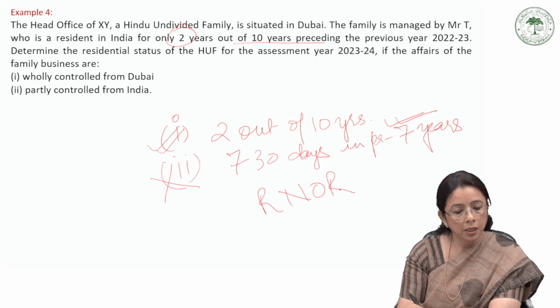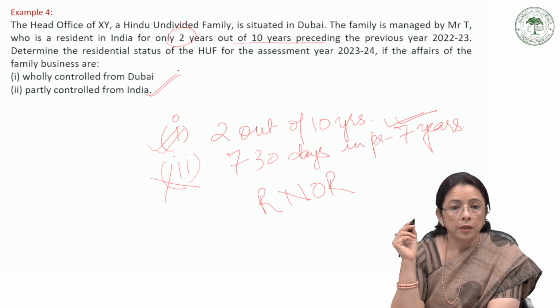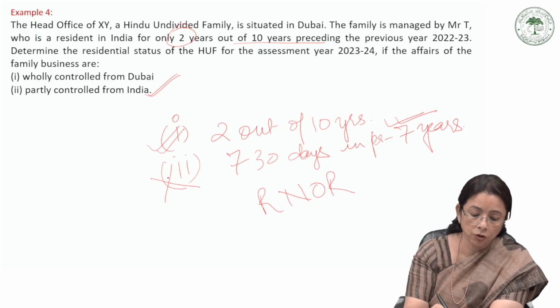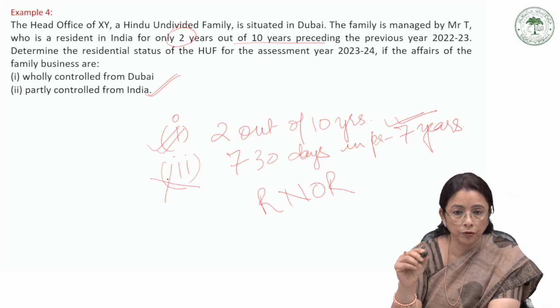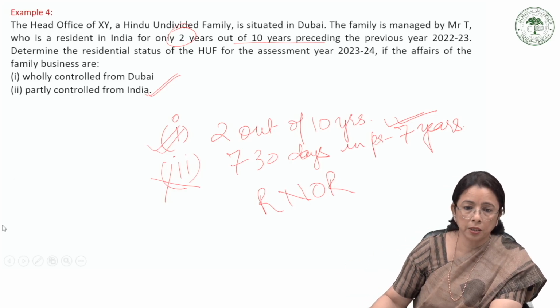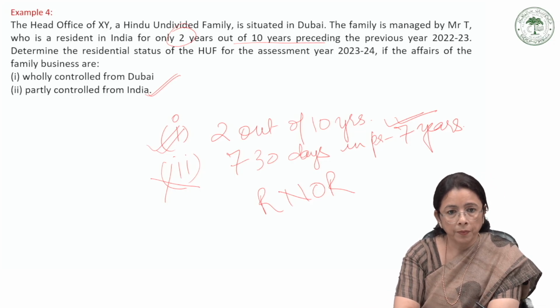R because it is partly controlled in India. Otherwise, it is not ordinarily resident, because he does not fulfill both the conditions. Fulfilling both the conditions is compulsory, mandatory. So I hope this is clear to all of you with the help of this example.